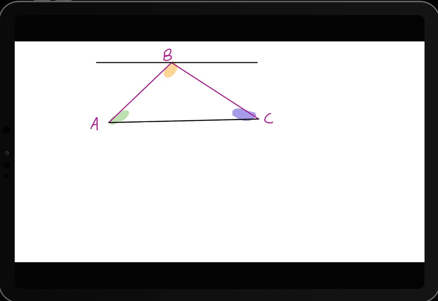In parallel lines, if you have a parallel line pair like this, and you have another line that intersects those two, sometimes we refer to that as a transversal. This creates a special angle relationship between this angle here and this angle right here. That is referred to as alternate interior angles.